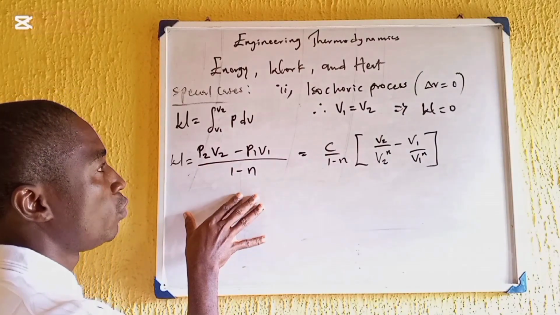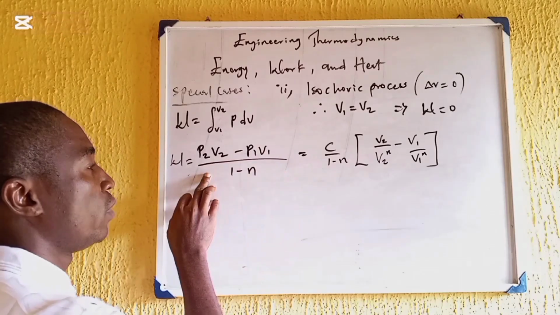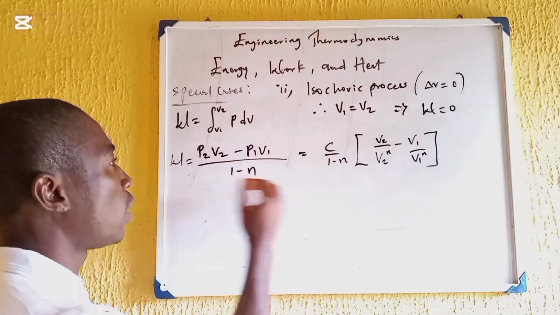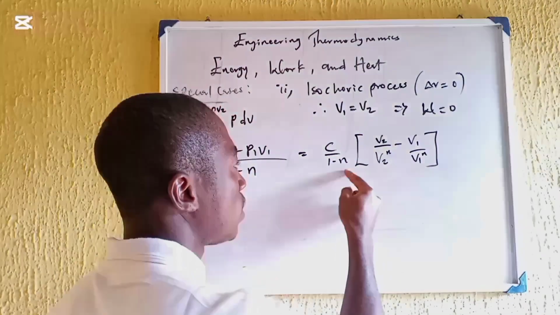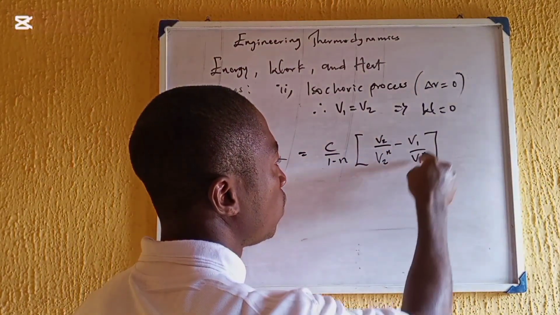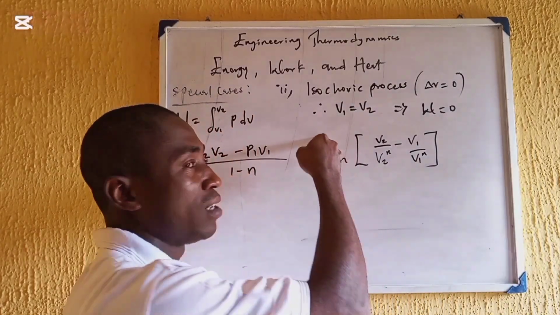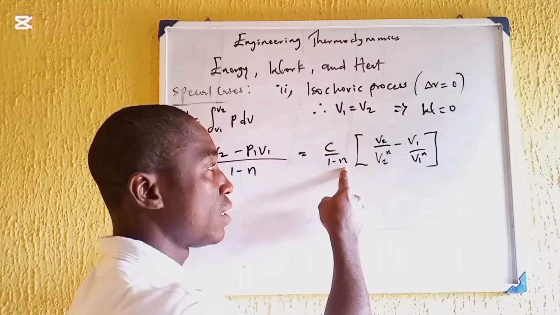Now, at this point, it will not be obvious because by the time we say V1 is equal to V2, it seems like we'll be getting a value for work. But let's go back to where we got this from. That is C over 1 minus n into V2 over V2 to the power n minus V1 over V1 to the power n. Remember that C here is a constant, so it does not change. n also is a constant, that's the index.